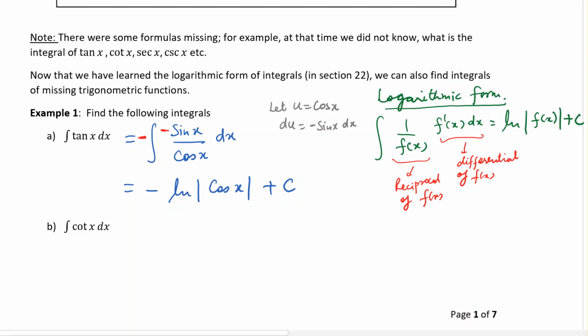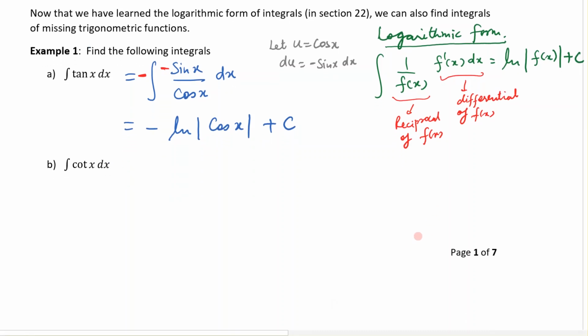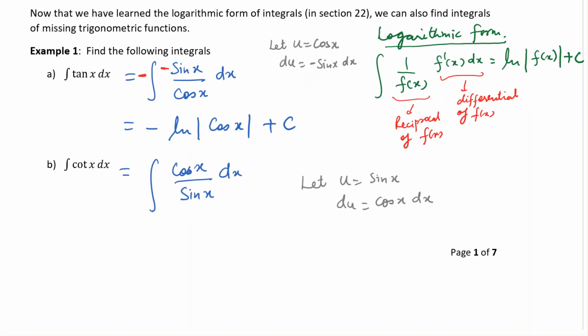Similarly, we can find the integral of cotangent x. Again, we start by writing the basic forms. Cotangent x is equal to cosine x over sine x dx. Again, we notice that here we have our function as sine x and the differential of the function is cosine x dx, and we have this logarithmic form.